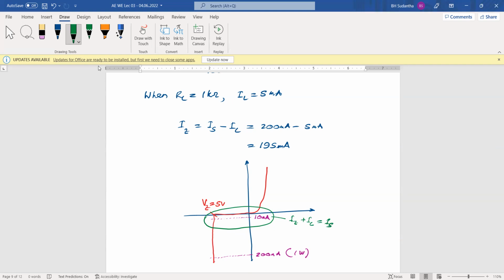In this case, if this is 10 milliampere, then IL will be 190 milliamp, because the total current is 200 milliampere. Because of that, IZ can be reduced up to 10 milliampere. The meaning is the load current can be increased up to 190 milliamp. Then we should have that information. Otherwise, we can't do this calculation.